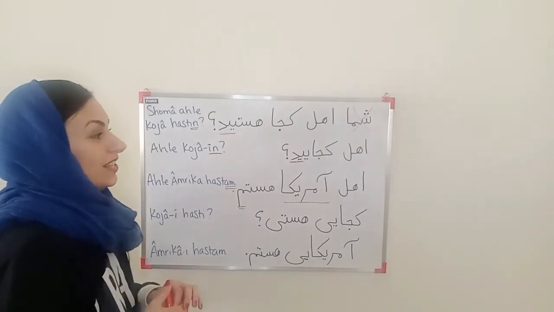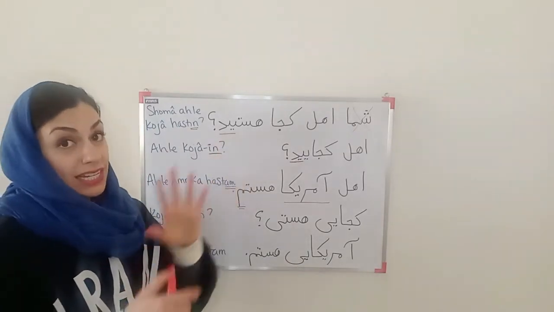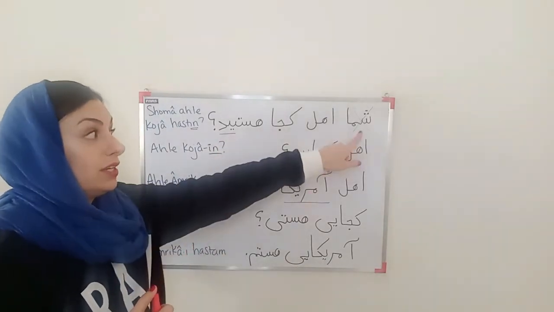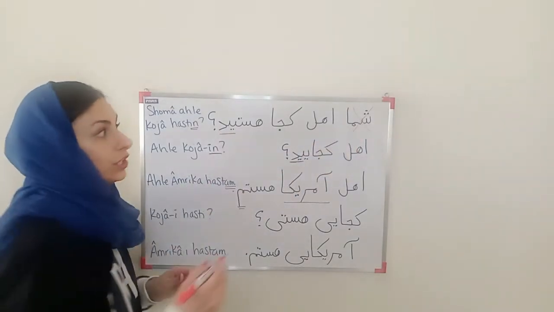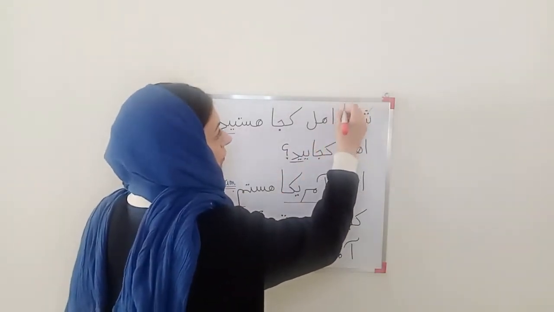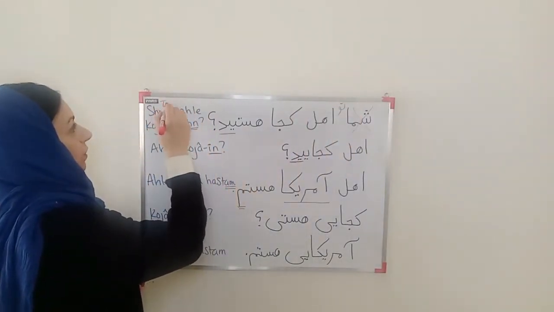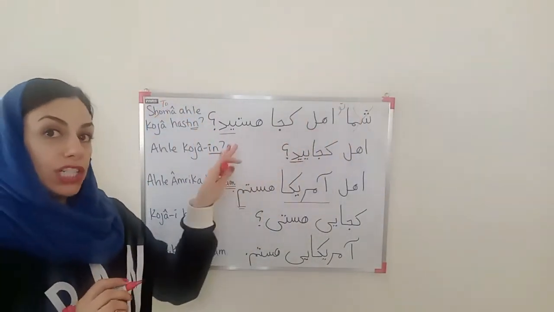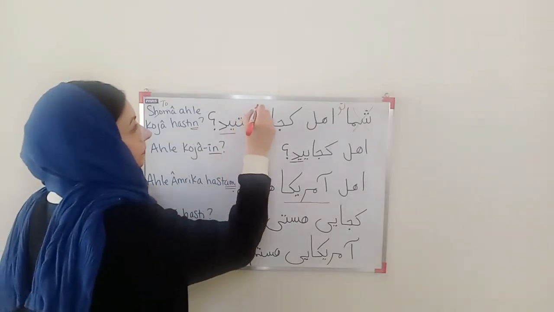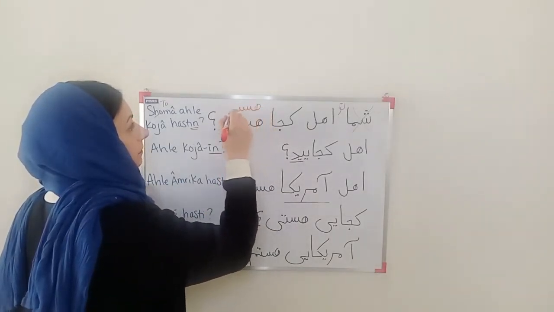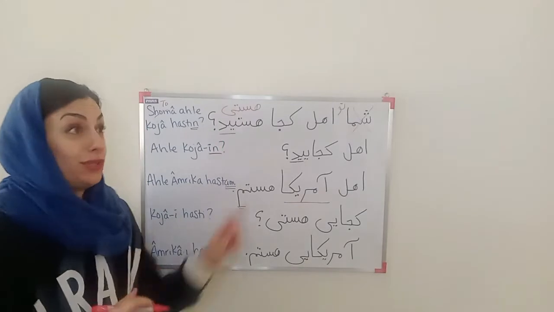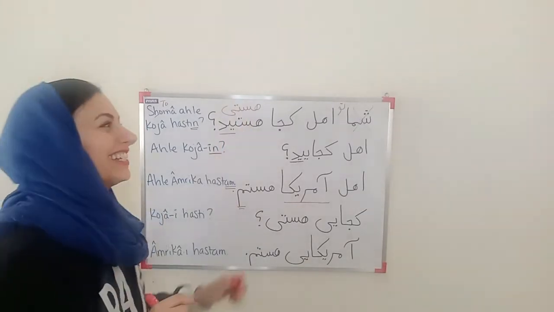Okay, so let's take a look at how this would look if we're not using shoma, but instead we're using to, our informal you. So if we want to say to, what would our question be? If you said hasti, you are correct.